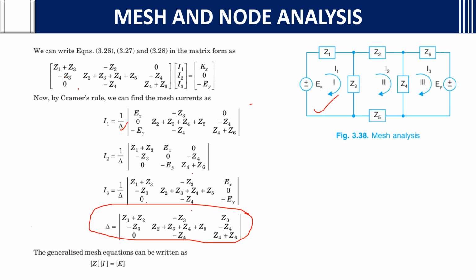Substituting here and finding this determinant value, this by this you will get the I1 value. Okay, this is a formula. I'll show you how to do it practically in the sums, so we'll get a clear picture. This is the generalized mesh equation, that is ZI equals to E, which I've told you before itself. Z is the Z matrix, I equals to E. This is the generalized equation.